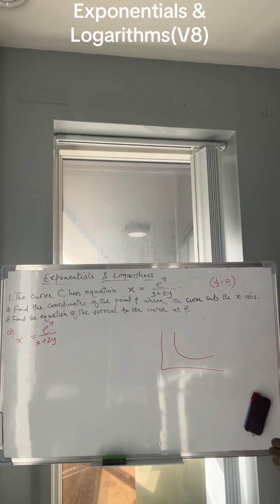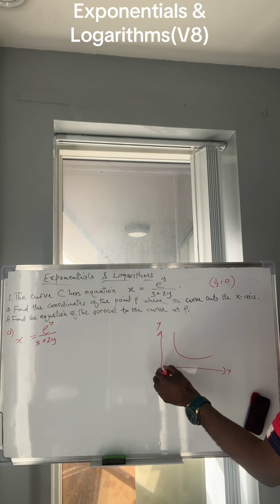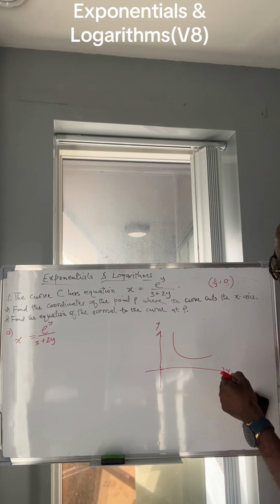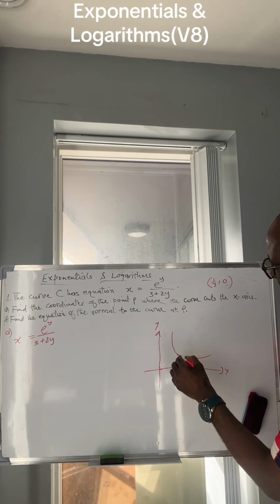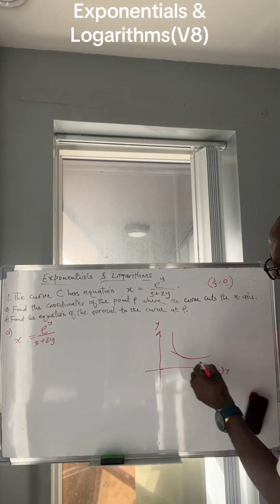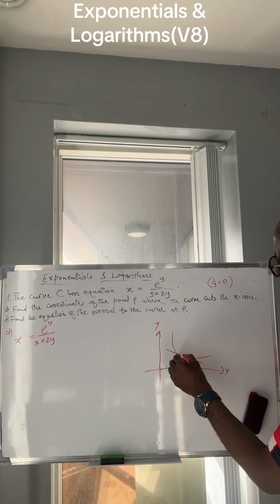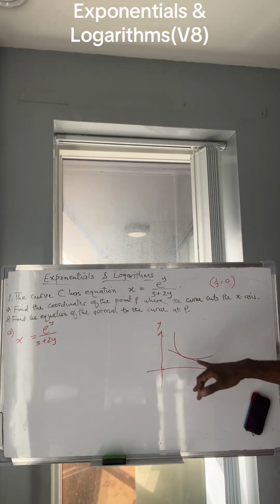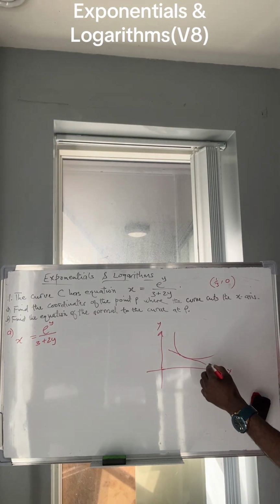This is your y, this is your x. And then you want to find a gradient at a particular point on this graph. You draw a straight line like this. So this point here, we want to find the tangent of the graph at this point. So this line is our tangent line.